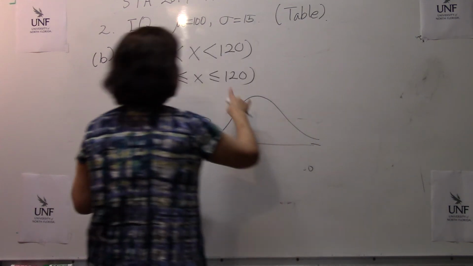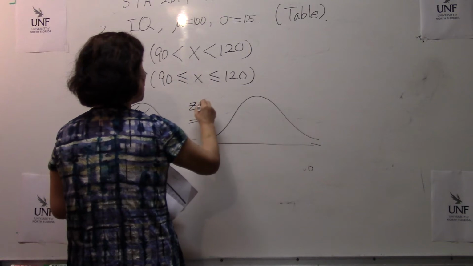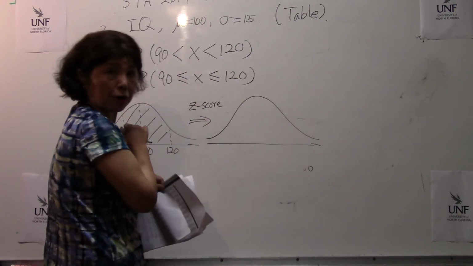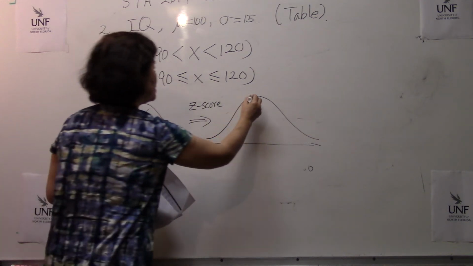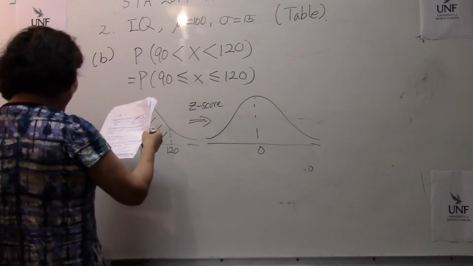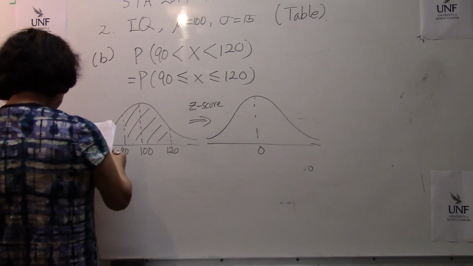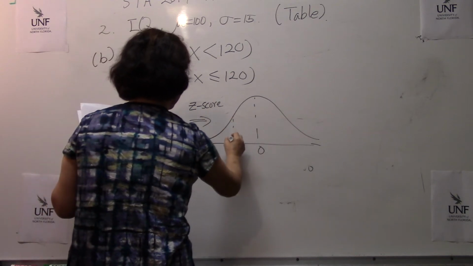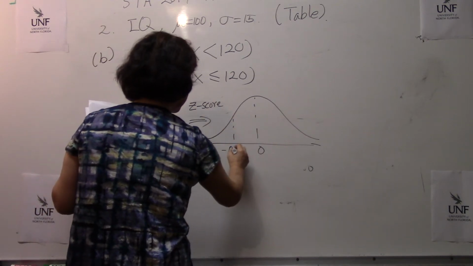Once you switch to z-score, that is called the standard normal distribution curve, okay? So the mean is going to switch to 0. Corresponding to 90 is negative 0.67.